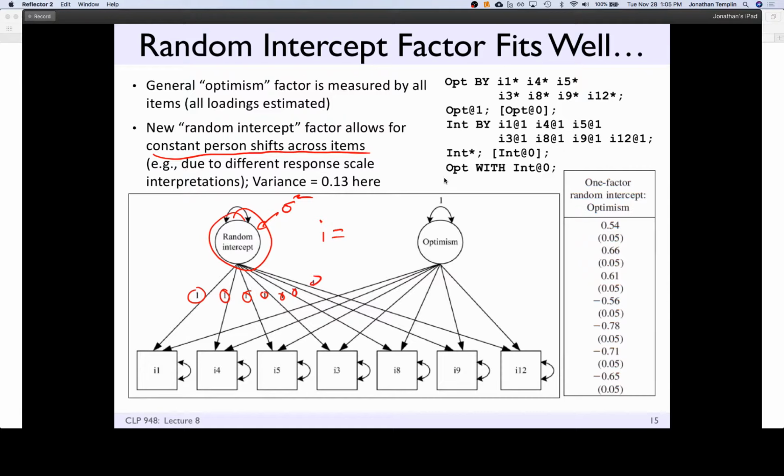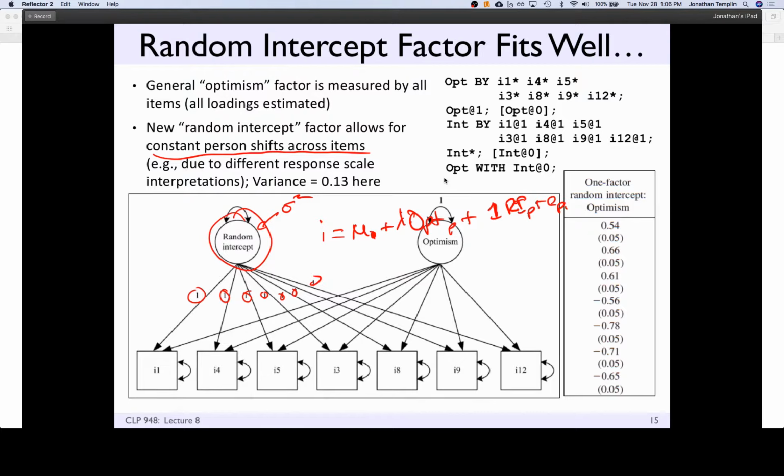I1 is equal to our item intercept for the item plus our loading times optimism plus, now it's a 1 for the loading times the random intercept for a person. This is a person right here. And then plus error for the person and item, right?